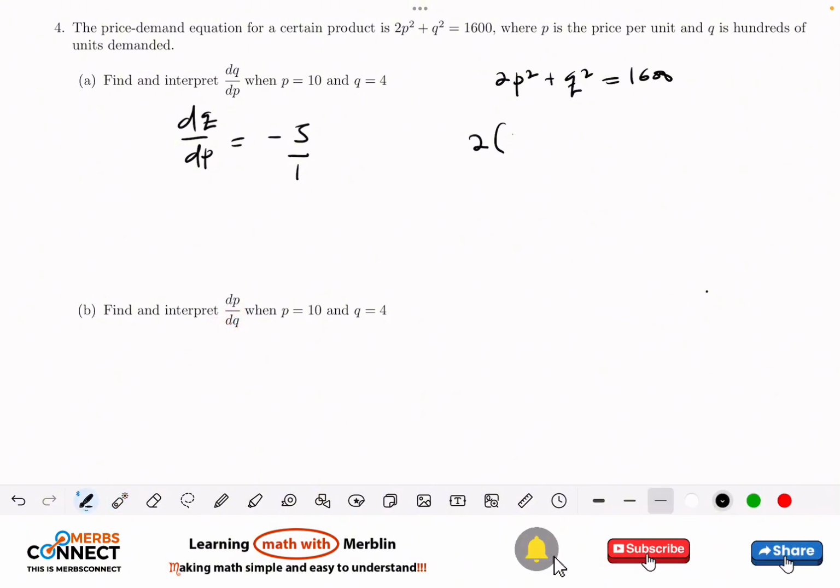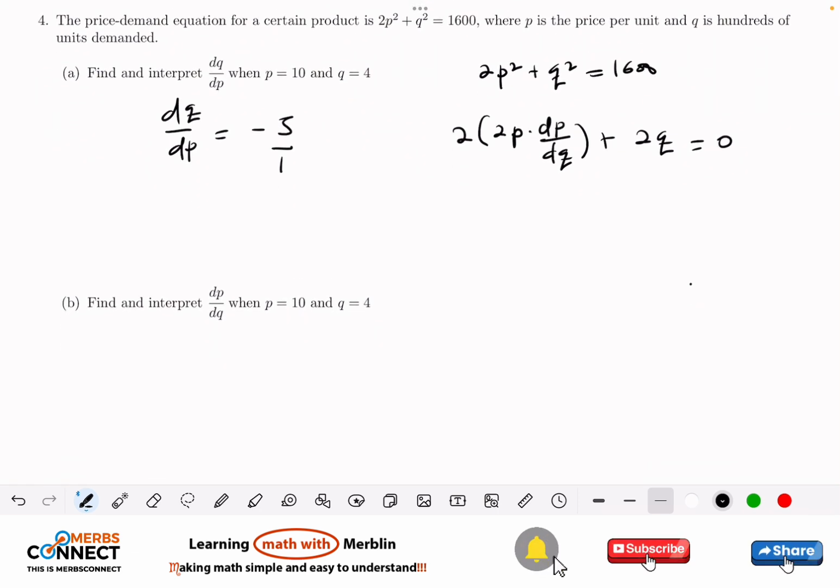So I'm going to have 2p times dp over dq. Because now the dp over dq cannot cancel because they are not the same. Then plus 2q, but this one will be dq over dq, which is going to be 1. So we don't even need to write it. And this one should be equal to 0.